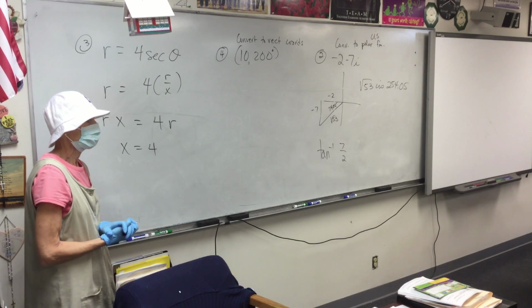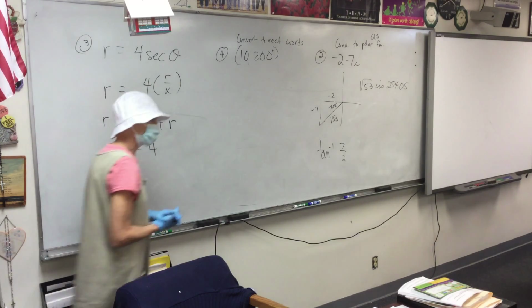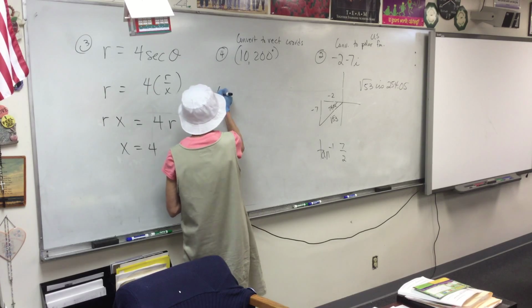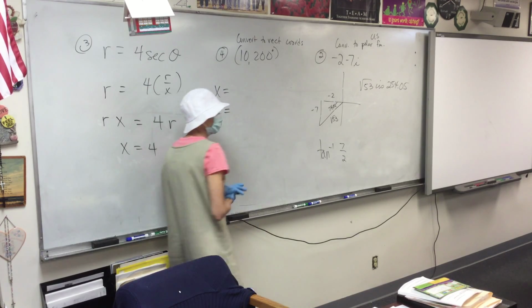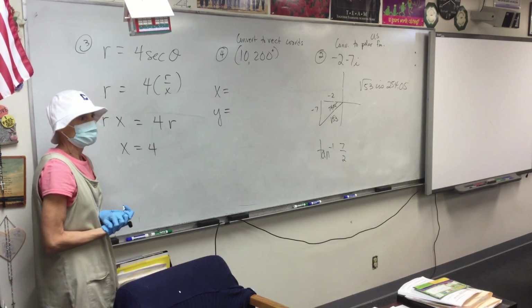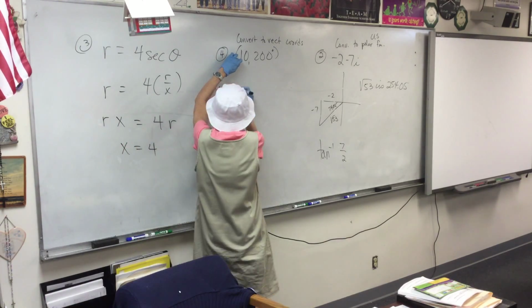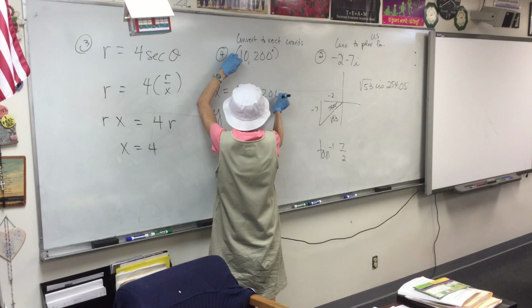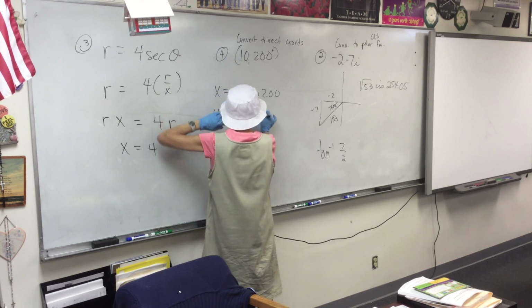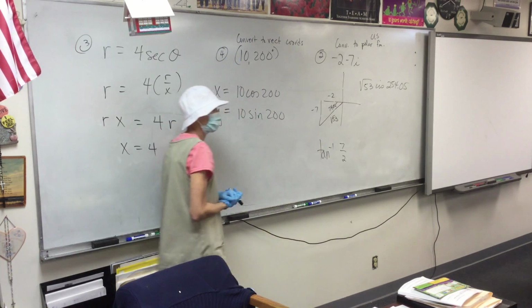Your radius, r, cosine. Exactly. I am looking for X and Y. And how do I find x and y? X equals 10 cosine 200, y equals 10 sine 200.